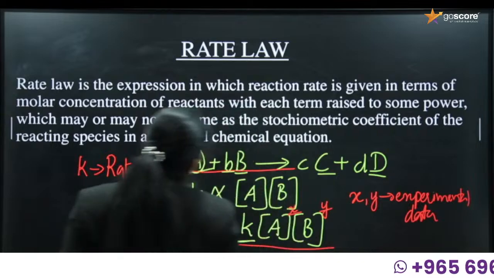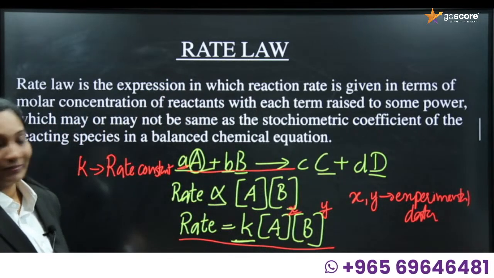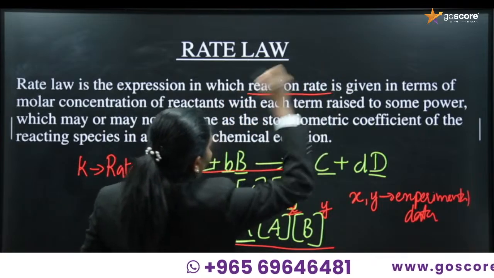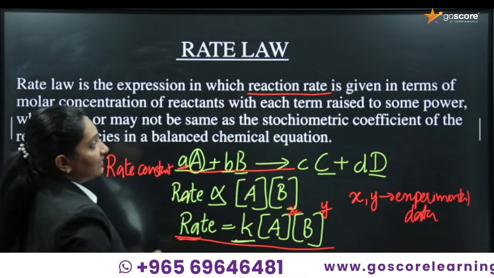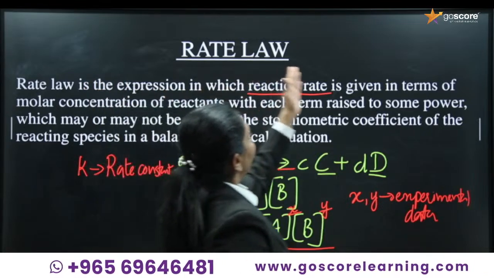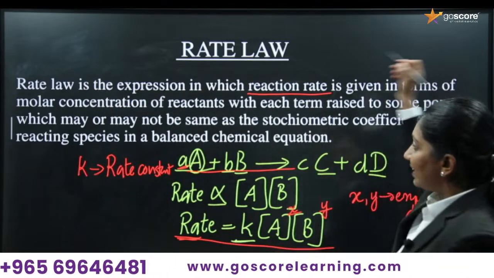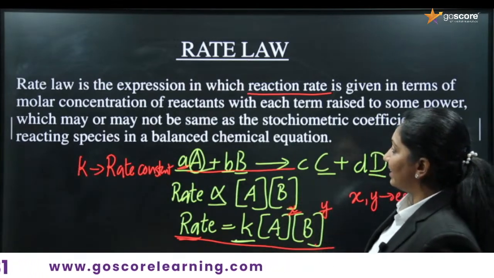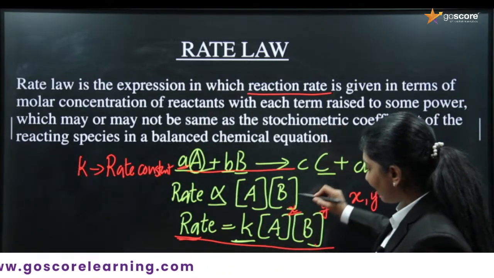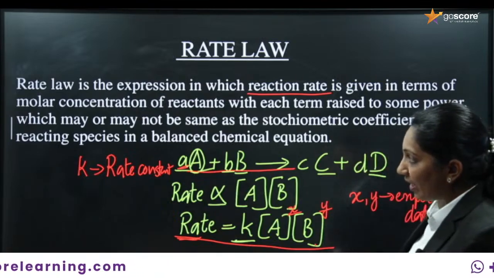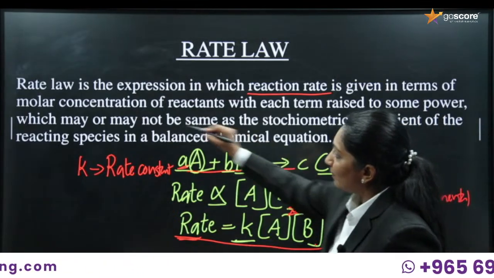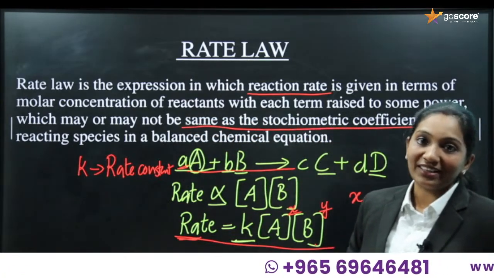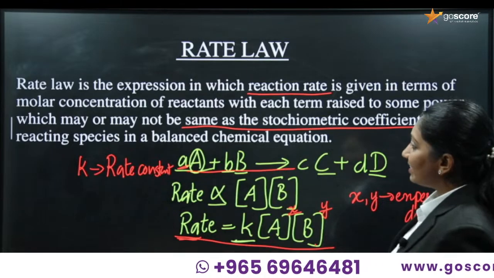Now we will see the rate law. The rate law is the way of expressing the reaction rate, that reaction rate is given in terms of molar concentration of reactant with each term raised to a power, and this power may or may not be the same as the stoichiometric coefficient. You got it?